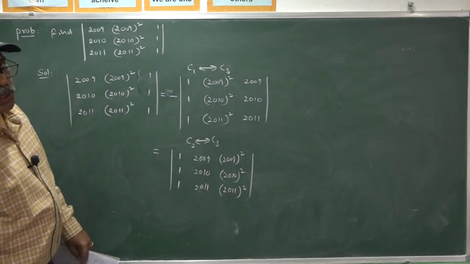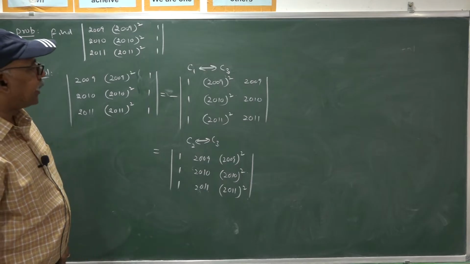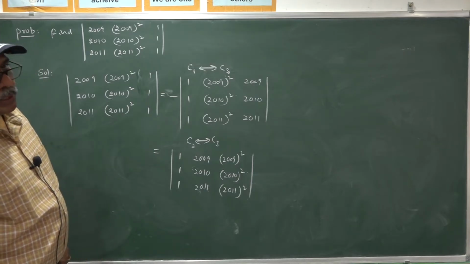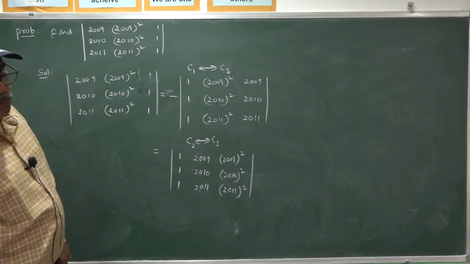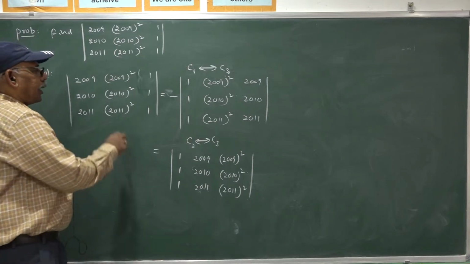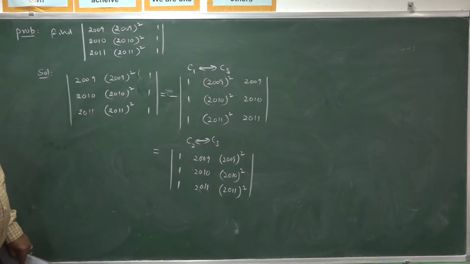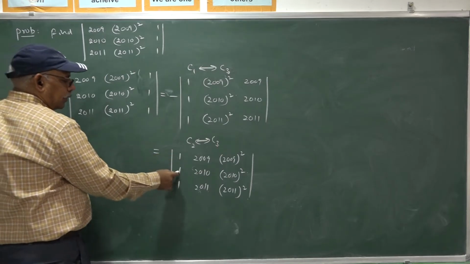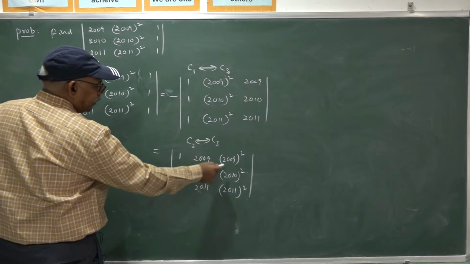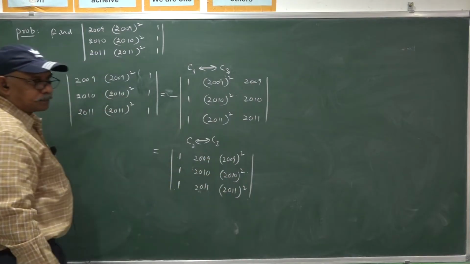By interchanging the columns, C1 and C3 initially and then C2 and C3, the total determinant reduces to 1, 1, 1, A, B, C, A square, B square, C square.